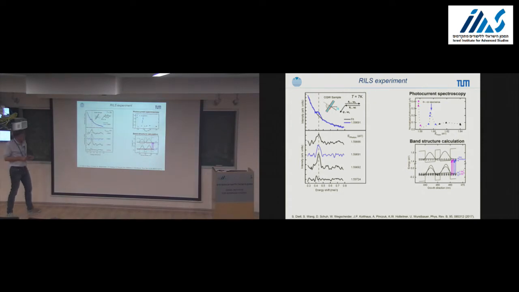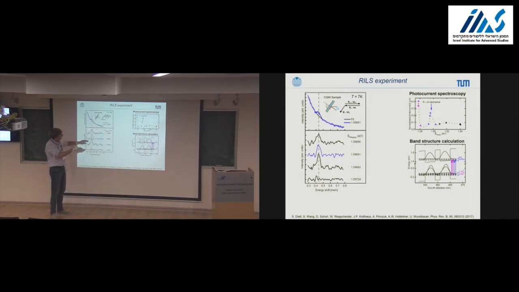The question is, we can explain the energy of this oscillation, but why do we see it resonantly at certain excitations? For that reason, Sebastian performed a photocurrent spectroscopy measurement, and for certain energies, he measured this resonance.